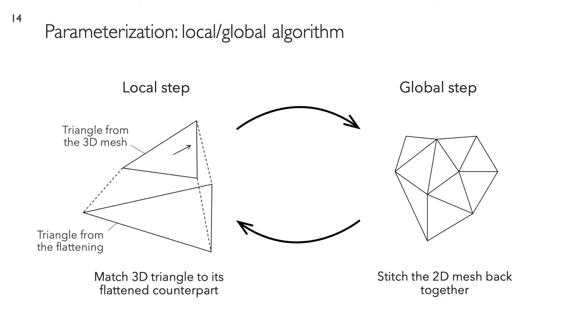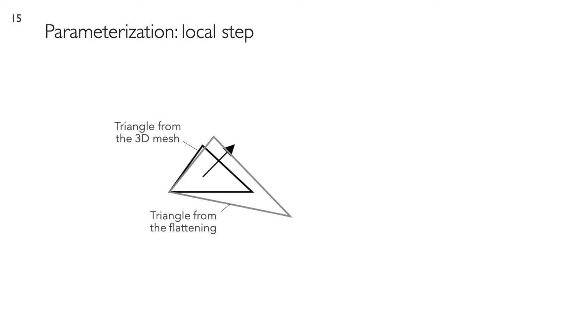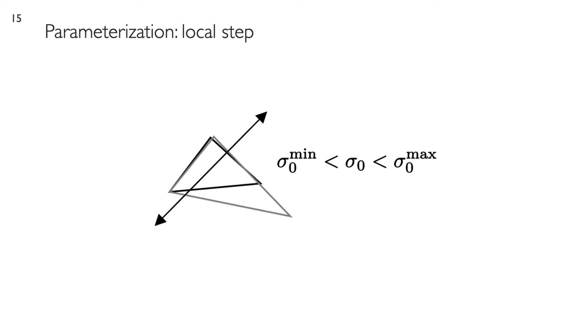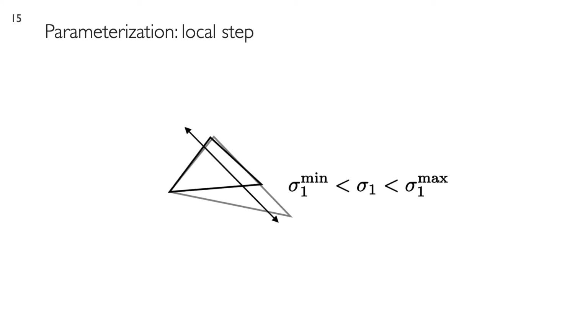This local step is applied to every triangle, so we can look at one triangle specifically, and the idea is to find a deformation of the triangle from the input 3D mesh which is as close as possible to that same triangle which was obtained from the flattening in a previous iteration. So here we can see them overlaid, and here the principal directions of stretch have to be aligned with directions of curvature.